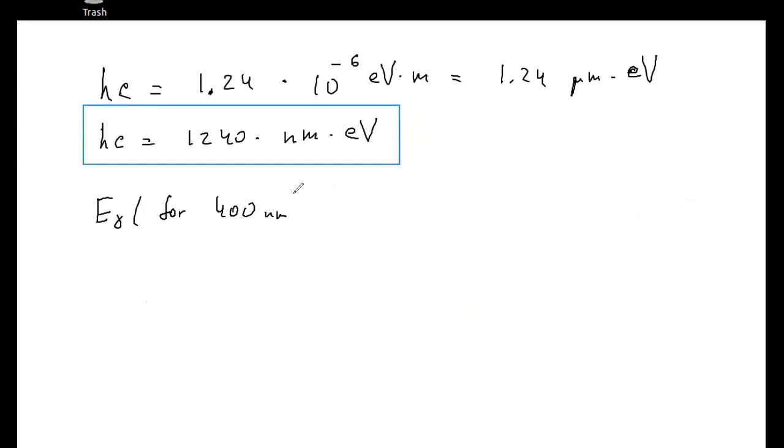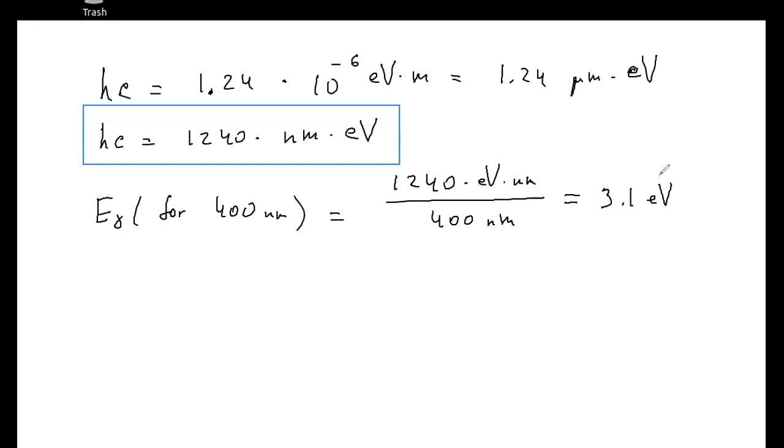What should I do? 1240 electron volts nanometers, I'm going to divide by 400 nanometers. And the energy would be 3.1 electron volts. The units are very convenient, yeah?